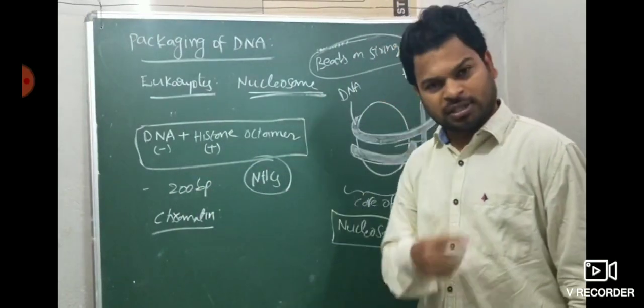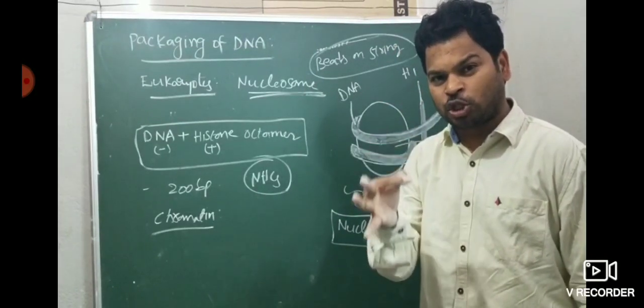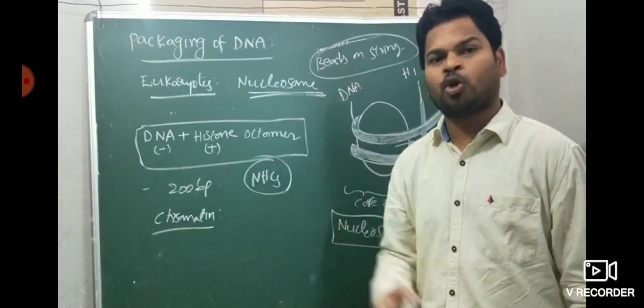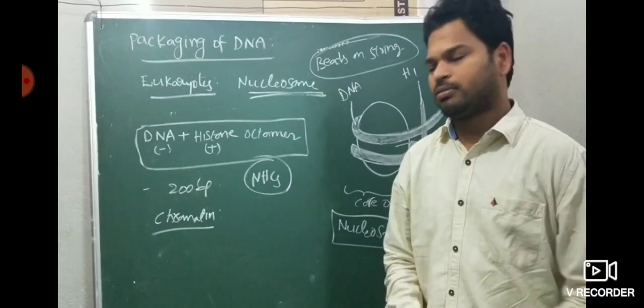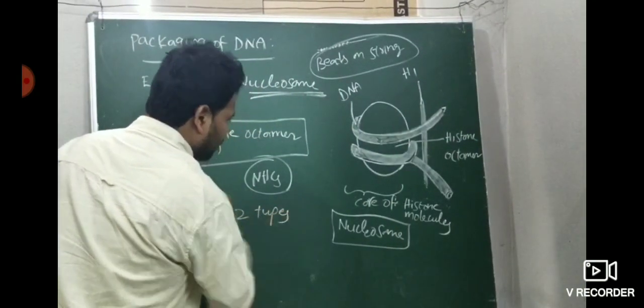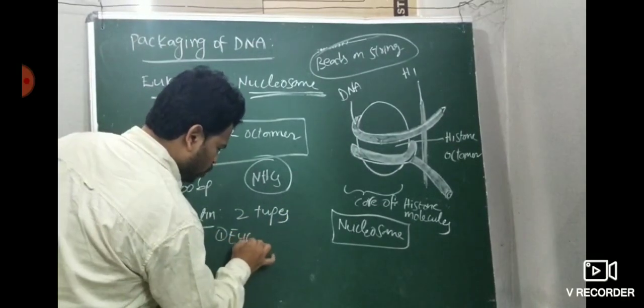Now chromatin: just now I said the nucleosome is the repeating structure in the nucleus that forms chromatin. There are two types of chromatin. What are the two types?